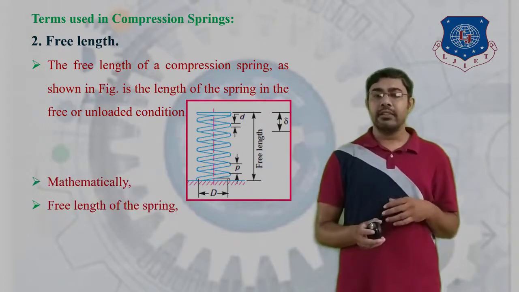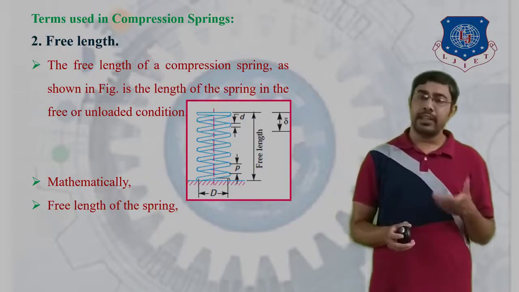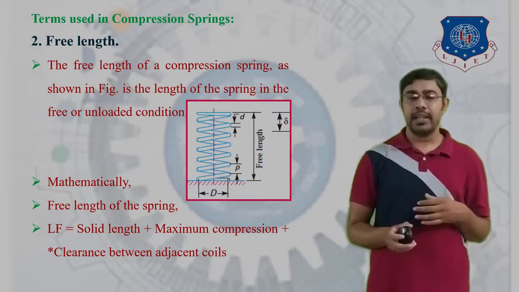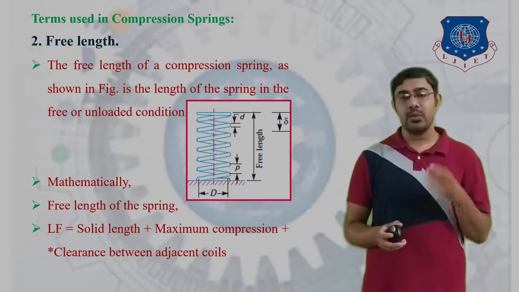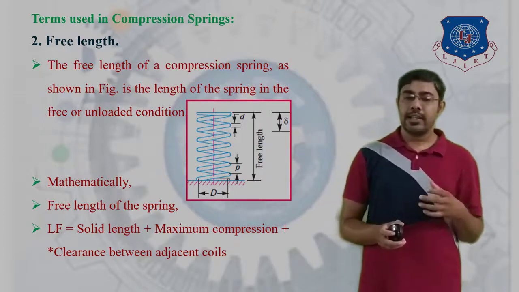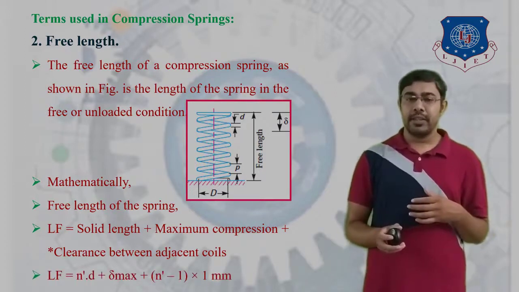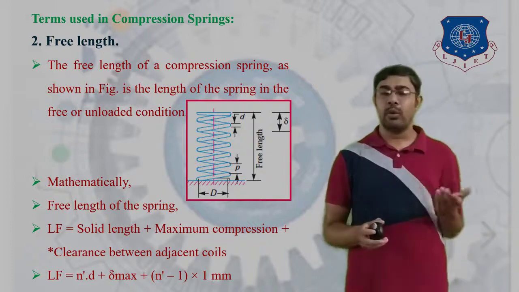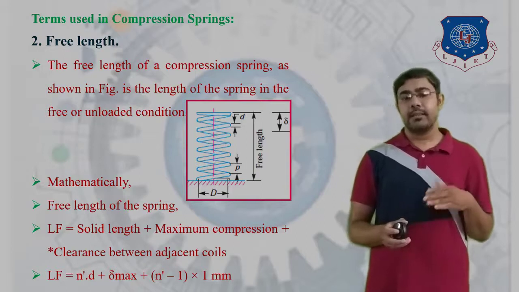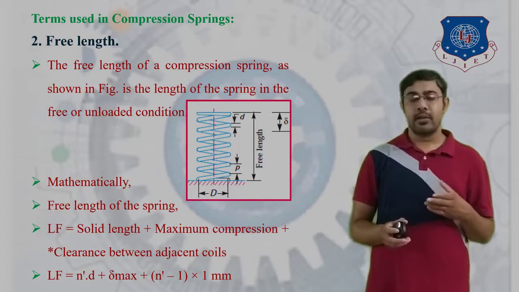To calculate the free length of this particular spring, mathematically the free length is LF. LF is the free length, and it is equal to solid length plus maximum compression plus the clearance between adjacent coils. So LF is equal to the solid length, which we know is N dash into small d, plus the maximum compression, delta max, plus the clearance between the adjacent coils.